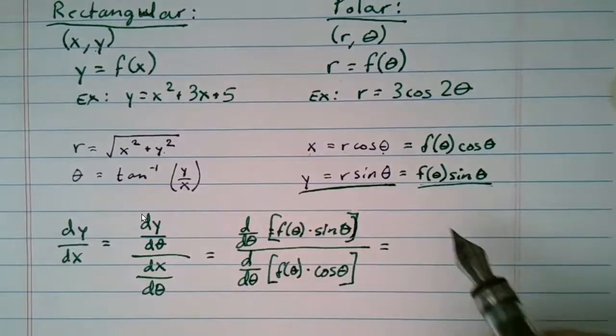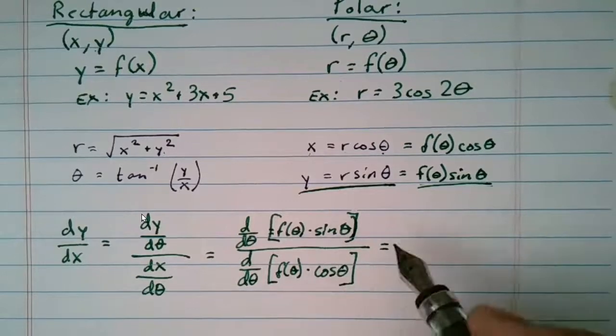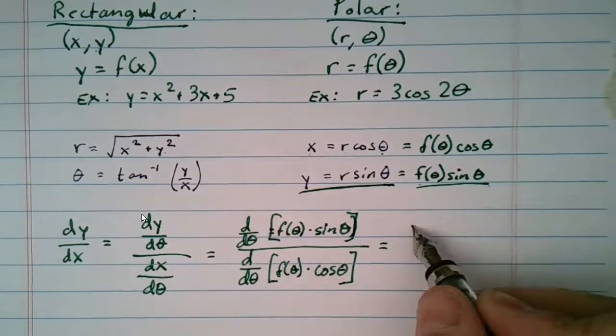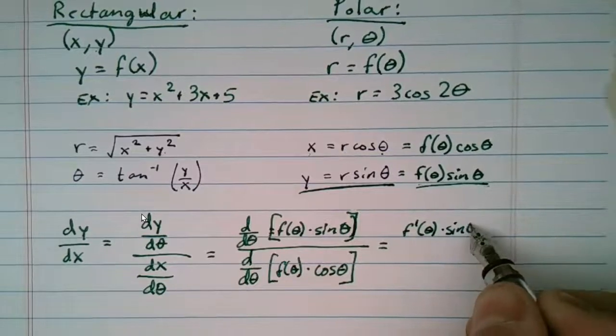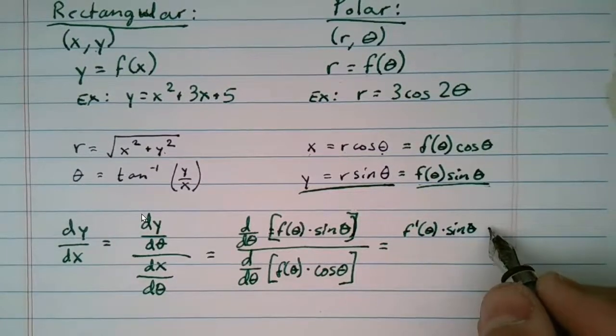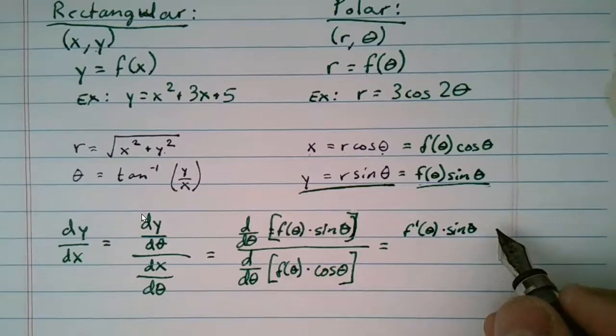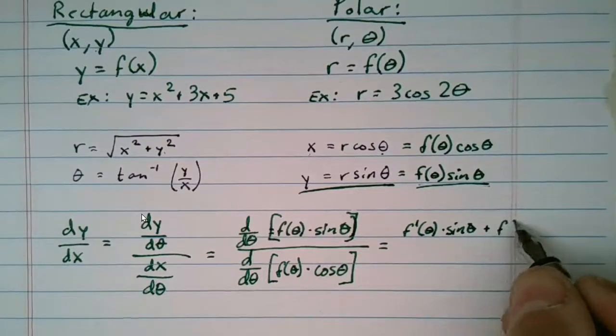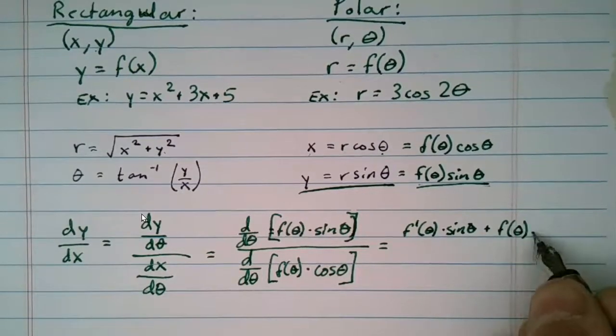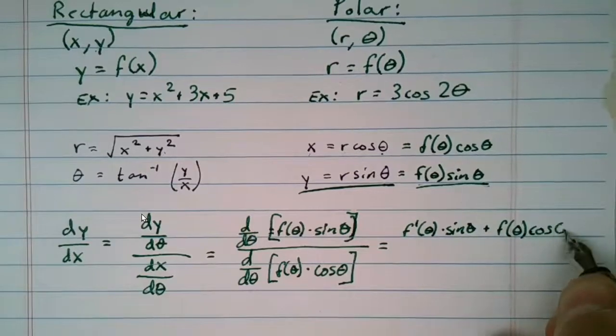And if I use the product rule on both of these, I'm going to get f prime of theta times sine of theta. And then, remember the product rule is a prime b plus a b prime. So it'll be f of theta times cosine of theta.